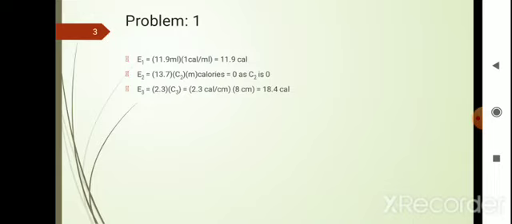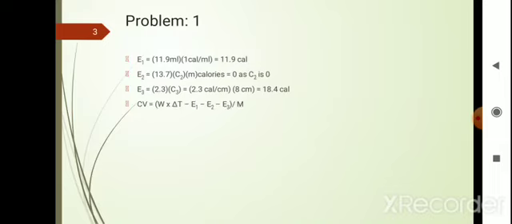Then E3, if we are using nickel chromium fuse wire, the equation is E3 equal to 2.3 C3. So 2.3 into 8 centimeter will be 18.4 calories. So these are the error correction factors.